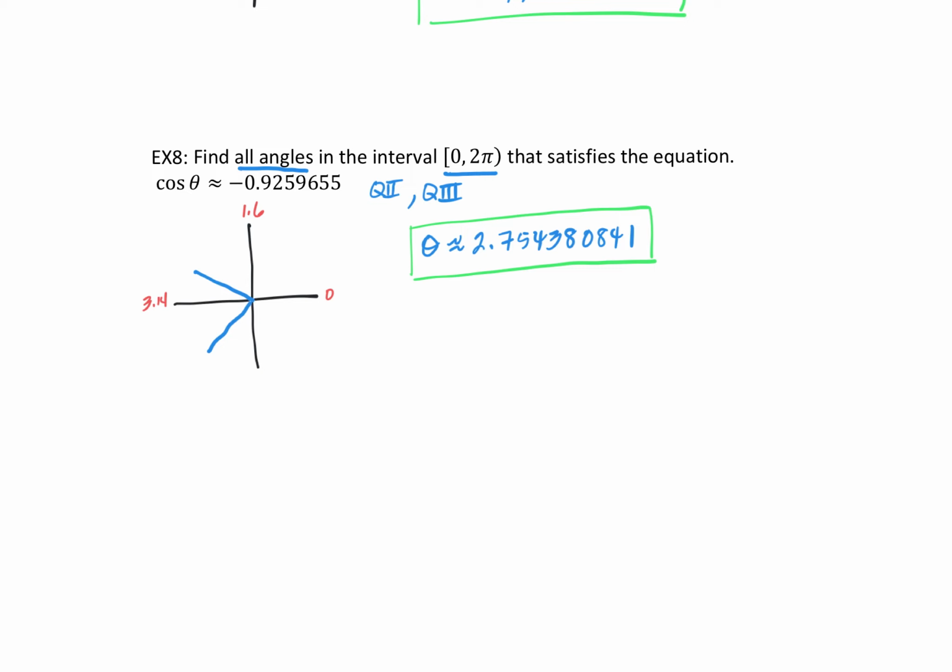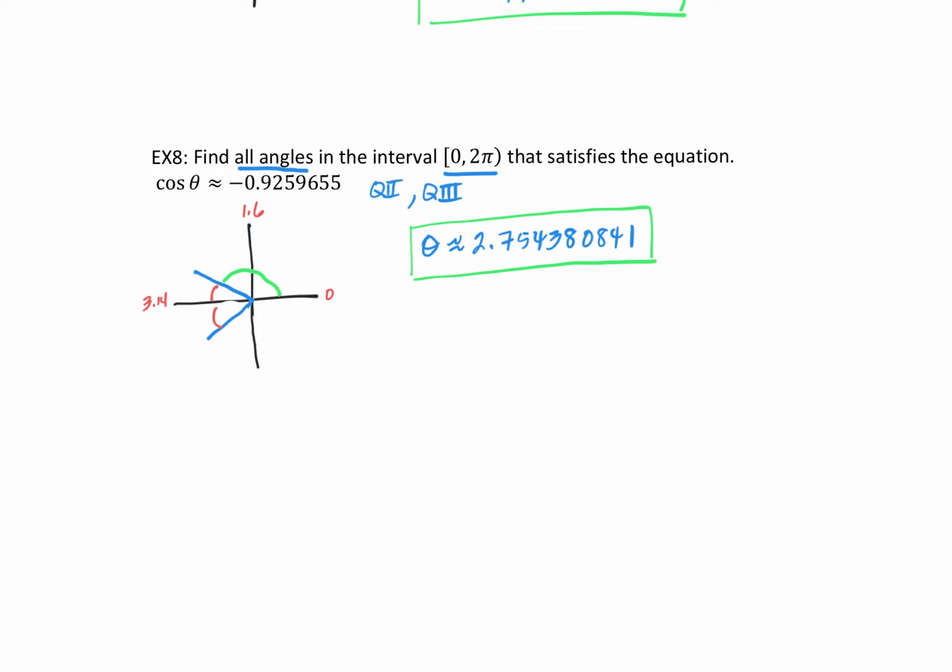Okay, so something I notice is that these two, even though my drawing is kind of funky, will be the same. So I have some choices. I know this angle is 2.75.